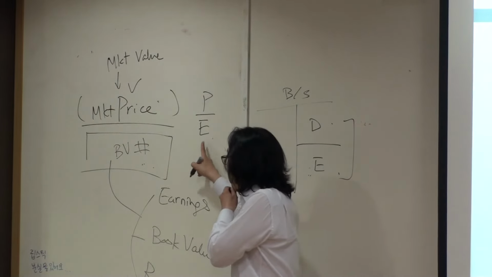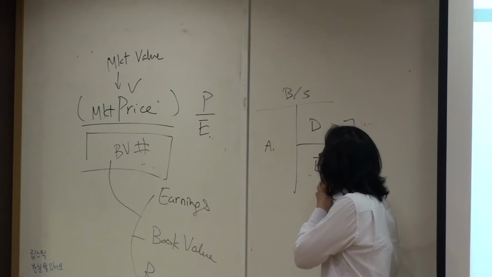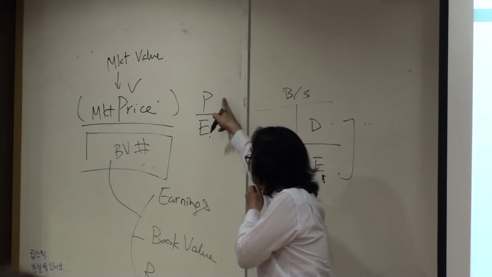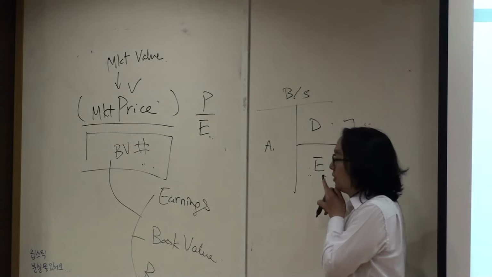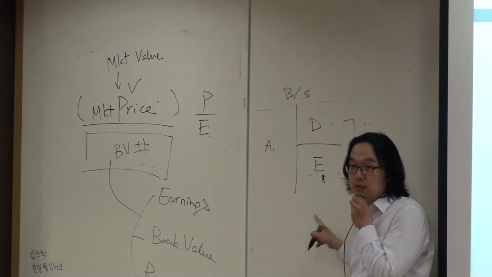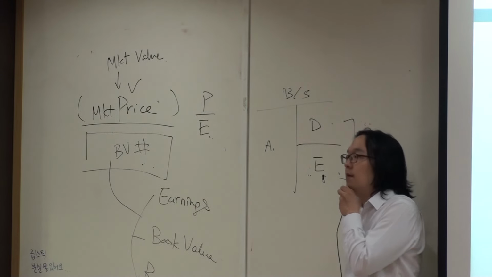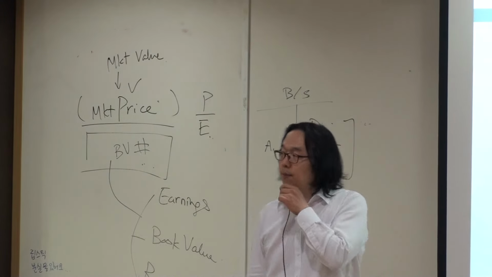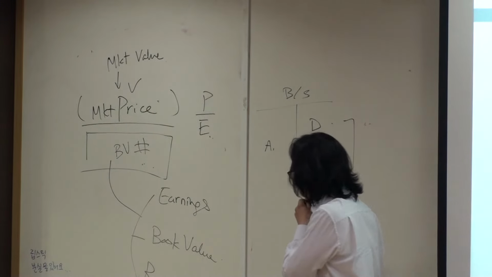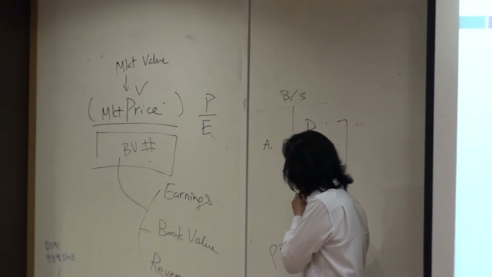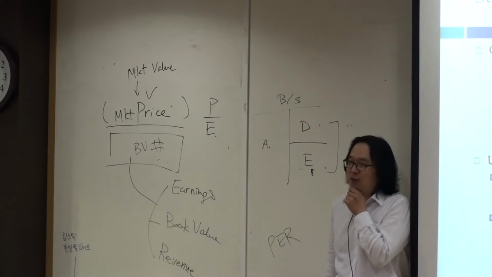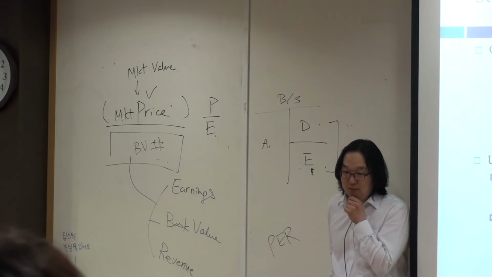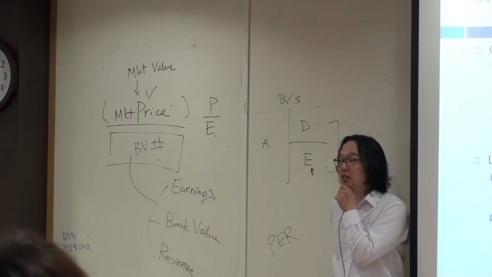That EPS is about equity holders. So both numerator and denominator are about the same equity holders. So it is consistently defined. Make sense? And that's why the PE ratio is widely used. People say Korean PER. Americans call it PE, right?